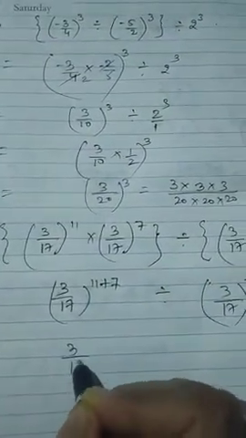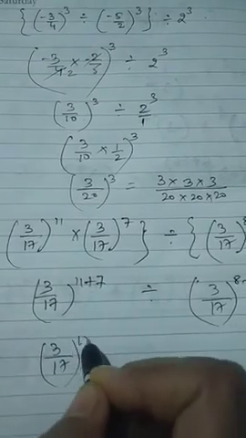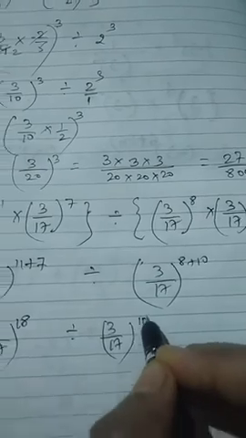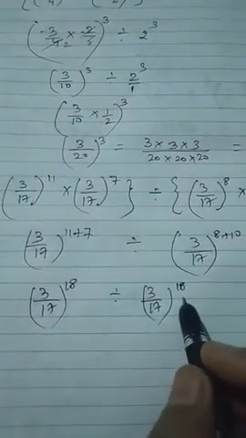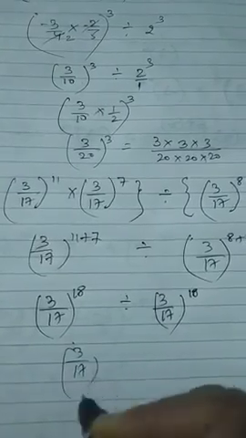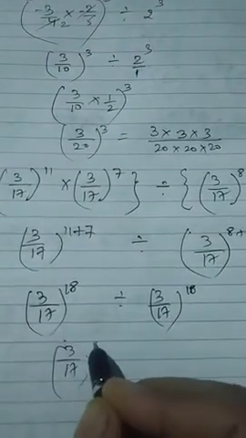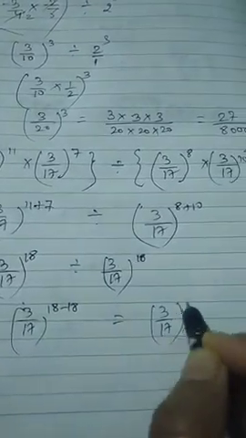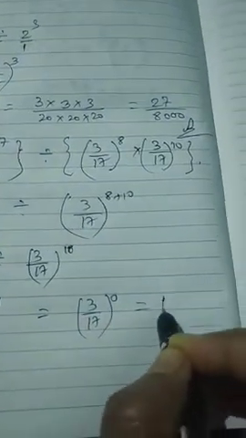Now 3 by 17 to the power what? 18 divided by 3 by 17 to the power 18. This is divide, base is same, so we subtract the power, 18 minus 18. So 3 by 17 to the power 0. 0 power means 1.